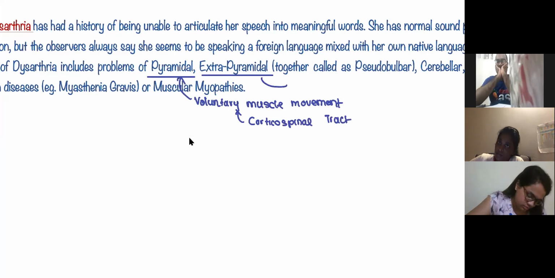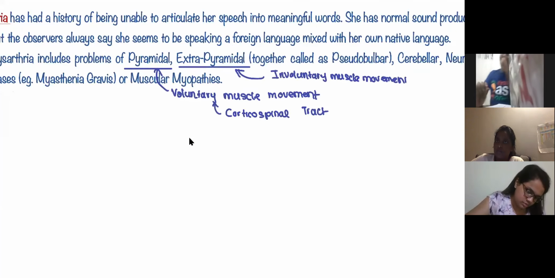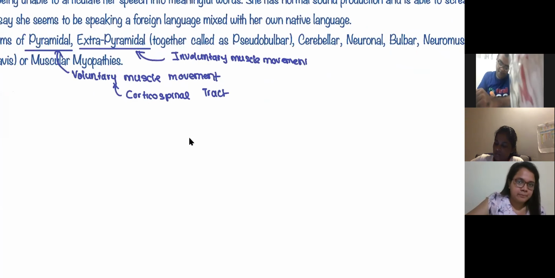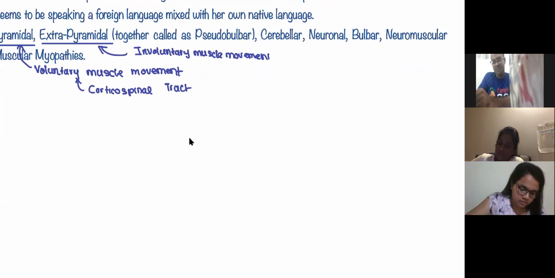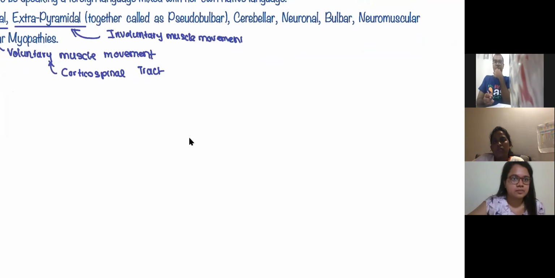And the extrapyramidal is involved in involuntary muscle movement. So the rubrospinal tract, which originates from the red nucleus, and all those tracts are part of the extrapyramidal. They are involved in involuntary muscle movement. We will go into detail later. Those two together are called pseudobulbar.